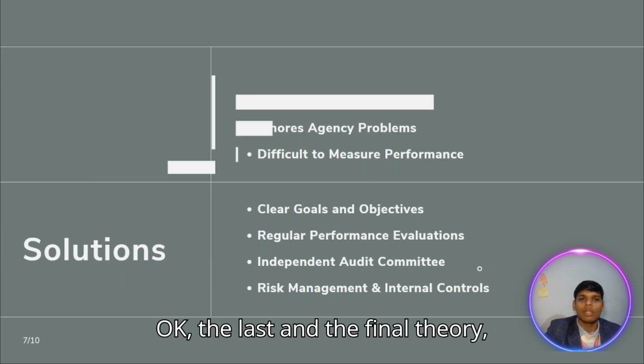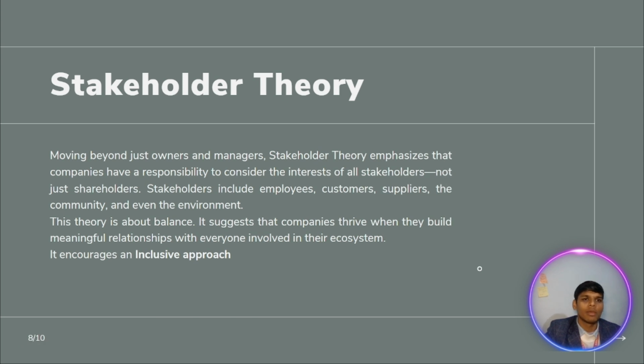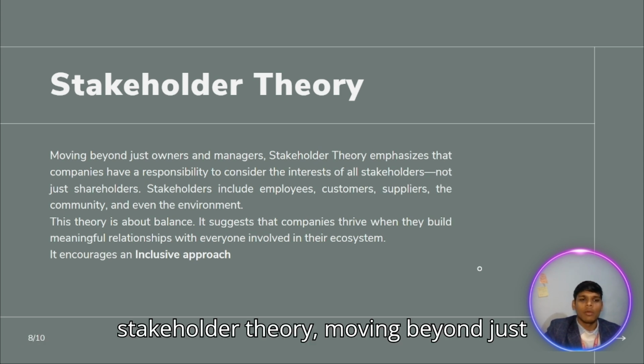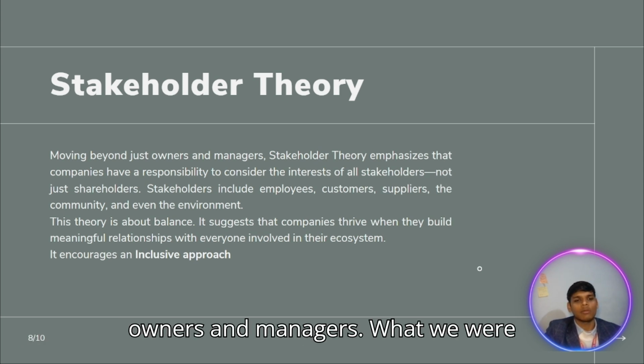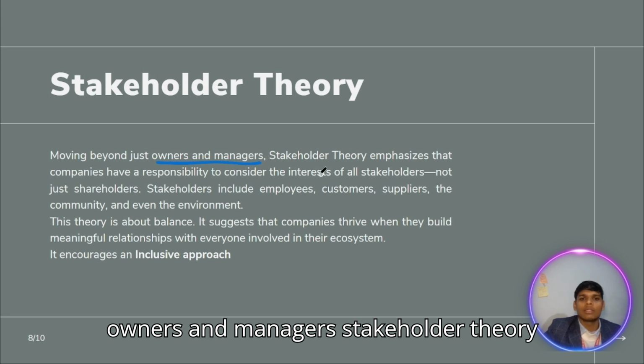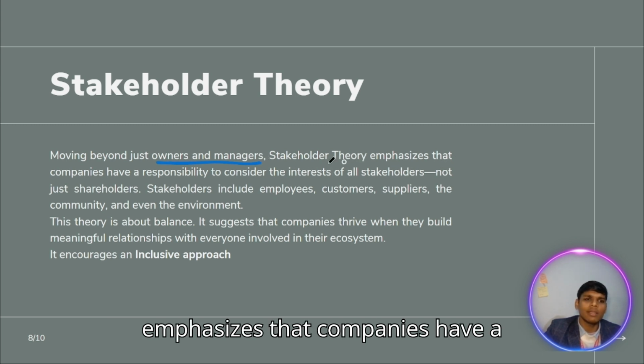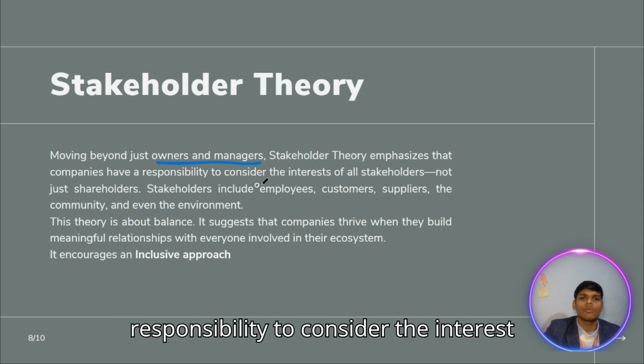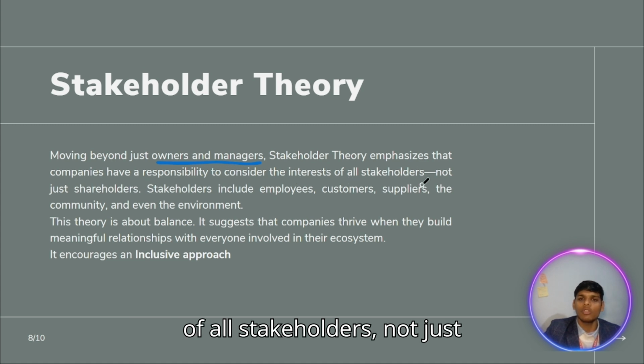Okay, the last and the final theory, stakeholder theory. Moving beyond just owners and managers, what we were talking about in the last two theories. Stakeholder theory emphasizes that companies have a responsibility to consider the interest of all stakeholders, not just shareholders.